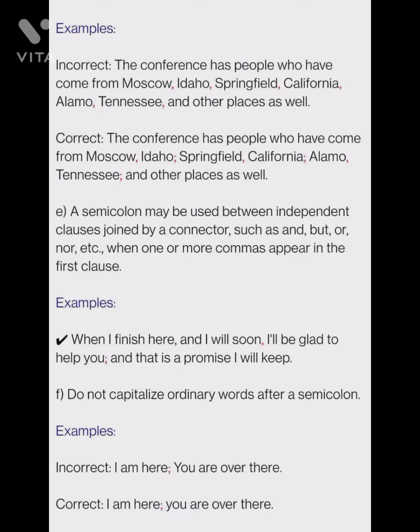It should not use only commas here for a series of units containing names, so for these we also use a semicolon. A semicolon may be used between independent clauses joined by a connector, such as and, but, nor, etc., when one or more commas appear in the first clause. We can also have a few examples here. So this is how we use a semicolon.